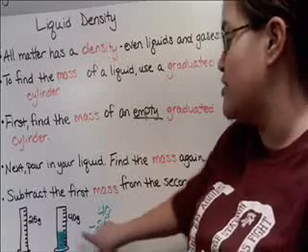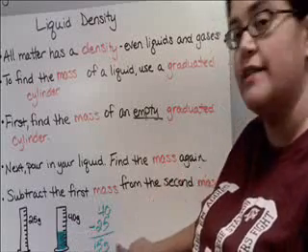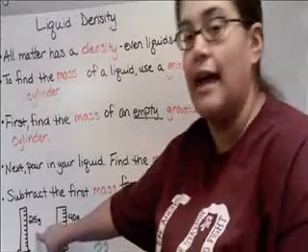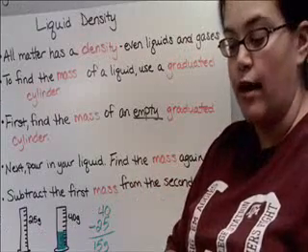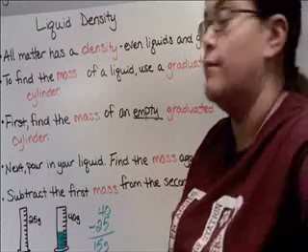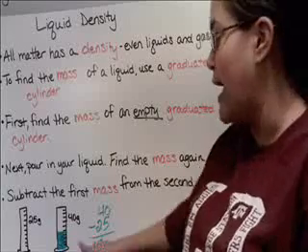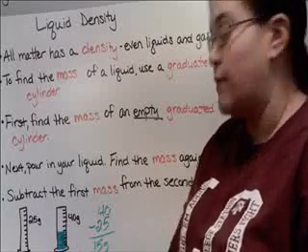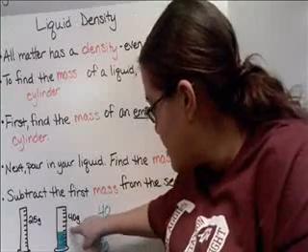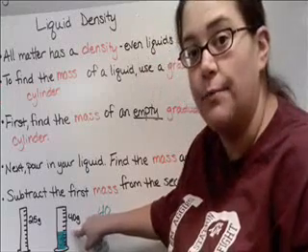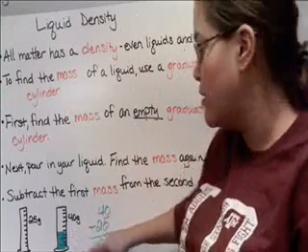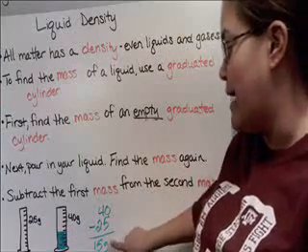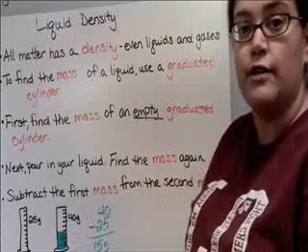So the mass of just the liquid is 15 grams because we subtracted out the mass of the graduated cylinder by itself. So that's how you find the mass of a liquid. From there, you would just look at the lines on the graduated cylinder, find out how many milliliters it is, that would be your volume, and then you would divide this mass by your volume, just like normal.